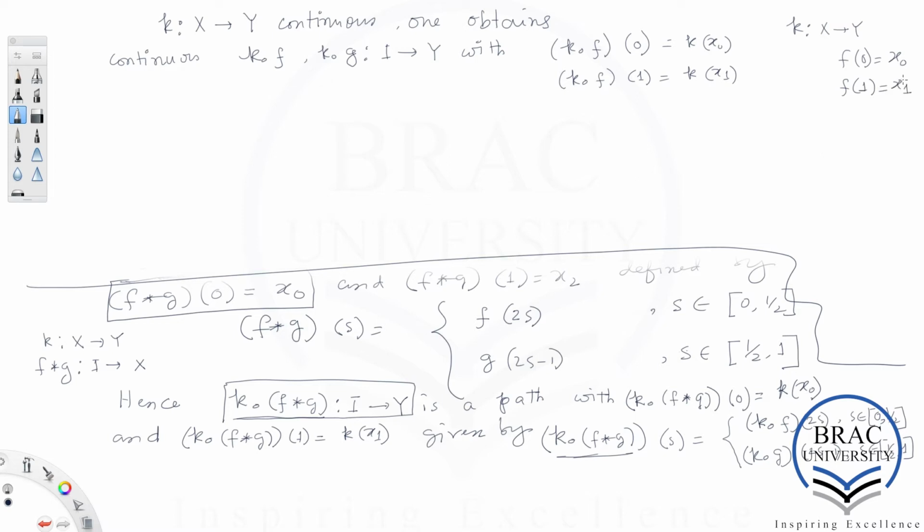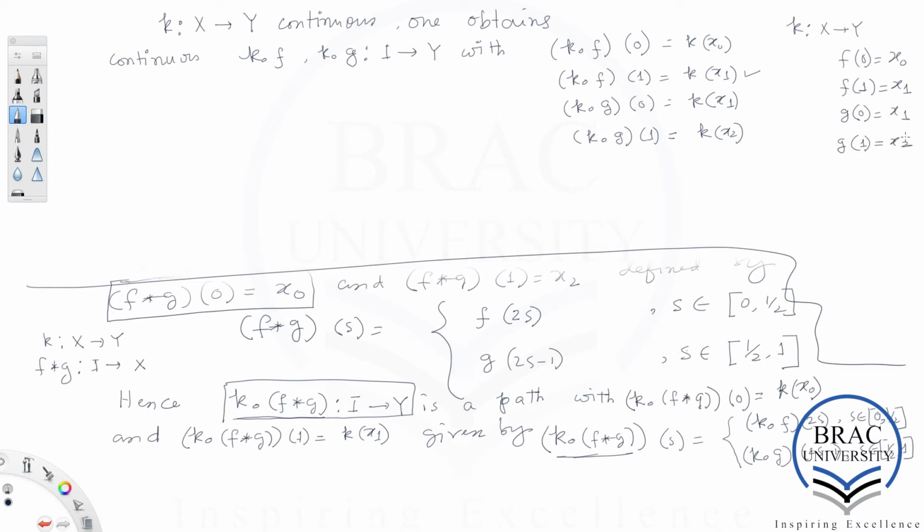By composing K on both sides we get this. Similarly, K composed with G at 0 is the same as K of X1, since G of 0 is X1, and K composed with G evaluated at 1 is going to be equal to K of X2, right? Since G of 1 is X2.